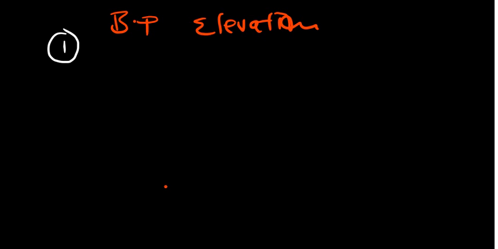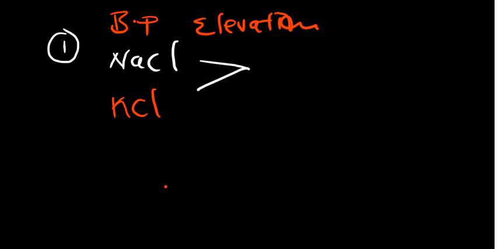So here is an example. When you dissolve sodium chloride and you dissolve a different salt, for example potassium chloride, you're going to find that these two have the same effect irrespective of their identities.